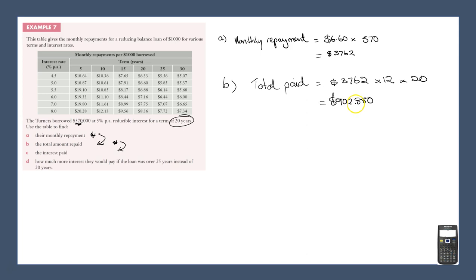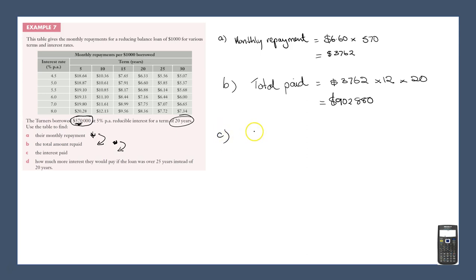That's a lot more than what they borrowed, isn't it? Why do you pay back a lot more than what you borrow? Because you must pay interest. There's such a big difference between 570,000 and 902,000. And again, the reason is because they had a very generous amount of time, 20 years, before they had to ensure the loan was totally repaid.